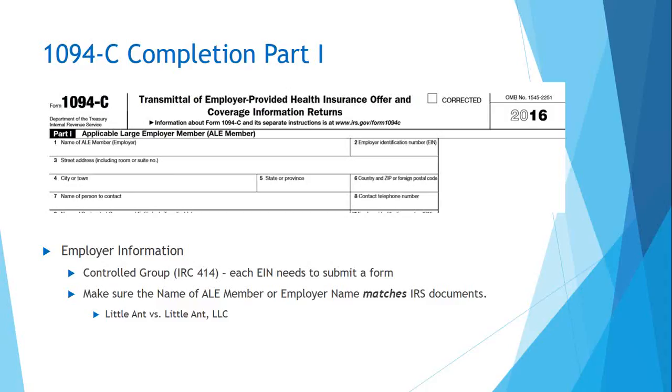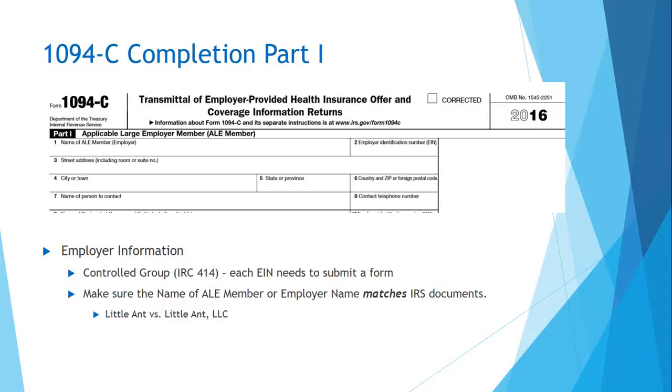So you may have a sister company or multiple different companies kind of all under your umbrella, and together you may be an applicable large employer, even though a couple of your entities may only have, say, 15 or 20 employees. Whereas a standalone, they wouldn't be an applicable large employer, but together you are all aggregated and counted as one large employer. When you do the reporting, each entity needs to report separately on the 1094C form, and then the 1095Cs for each employee that's part of each entity.